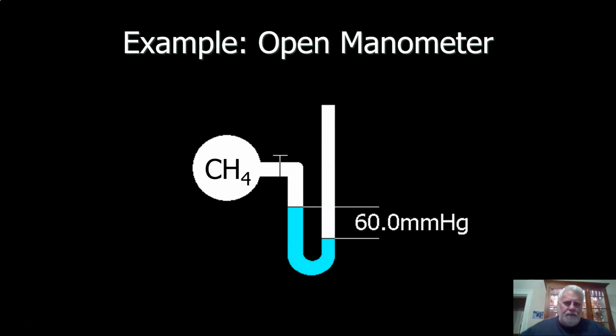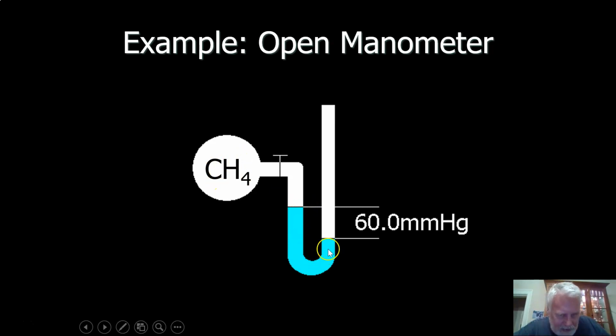Okay, now the back side of the worksheet talks about looking at methane. And this is really important because if it's open, which is what this is showing, that means it can be like this or it can be like this. And it said it was 60 millimeters higher on the end that is attached to the methane.